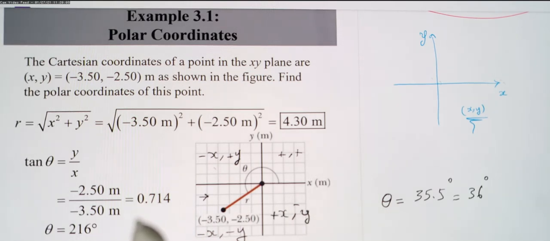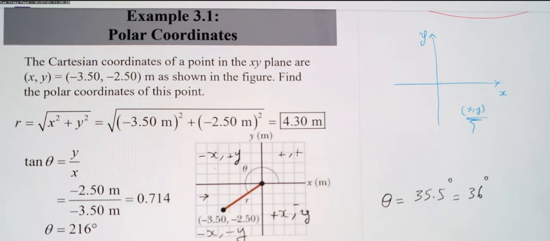No, negative angle, no. In the polar system, you need to write the right angle. You start from 0, you start from the x-axis. It's relative to the positive x-axis.